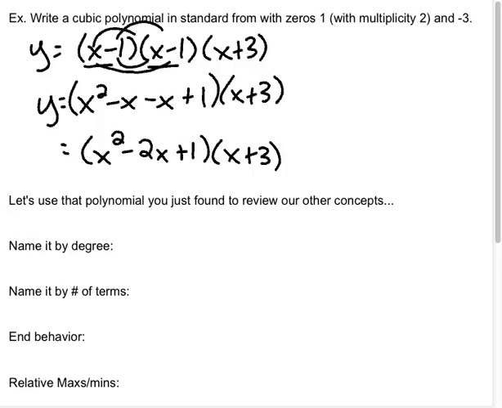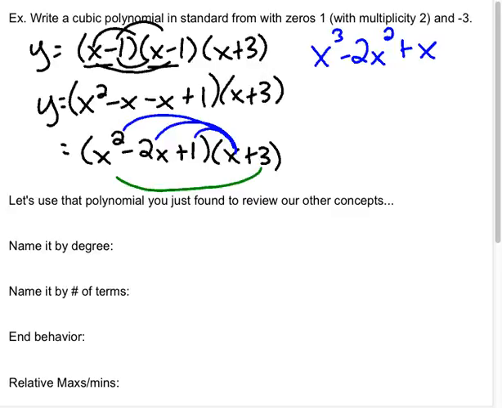So what I'm going to do here to finish the process is basically send out this x to everything. So I get x cubed minus 2x squared plus x. Now remember, you can do the same thing with the 3.